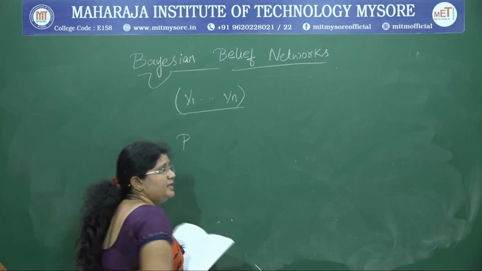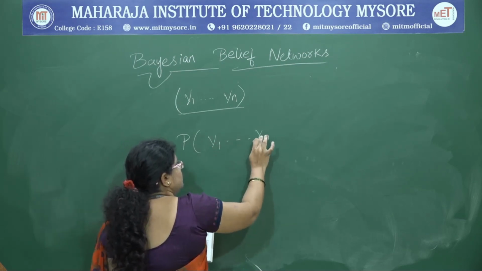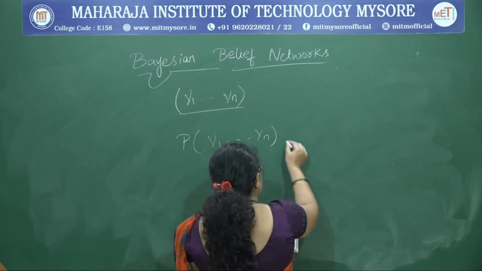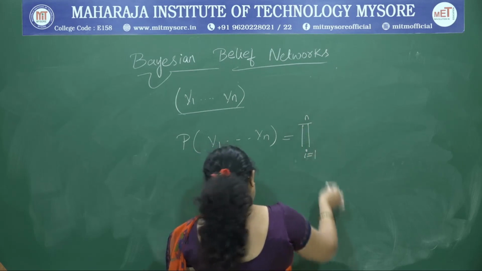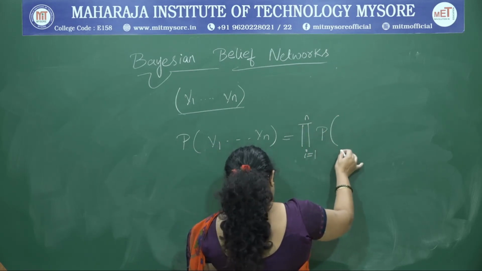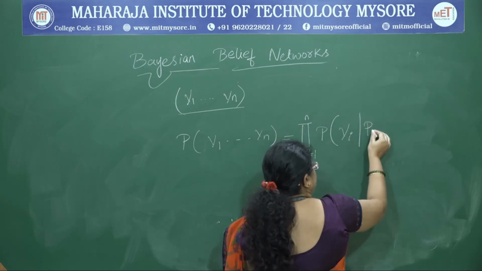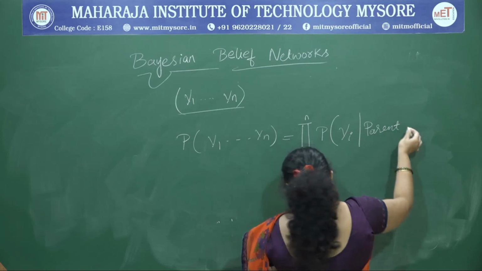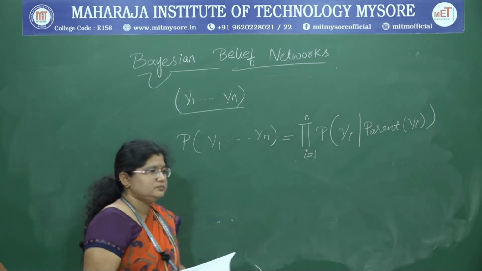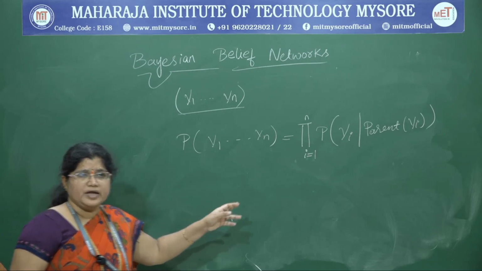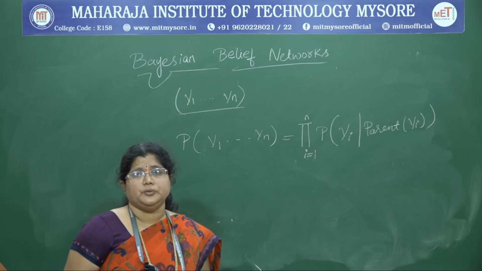The joint probability distribution P of y1 to yn can be given as the product, for i equal to 1 to n, of the probability of yi given Parents of yi. Here, Parents of yi denotes the set of immediate predecessors of yi in the network.